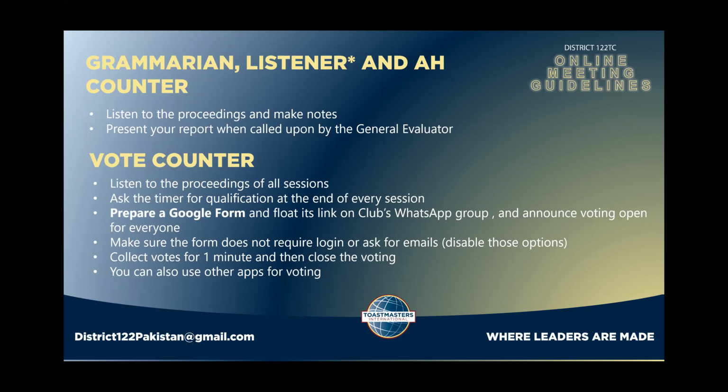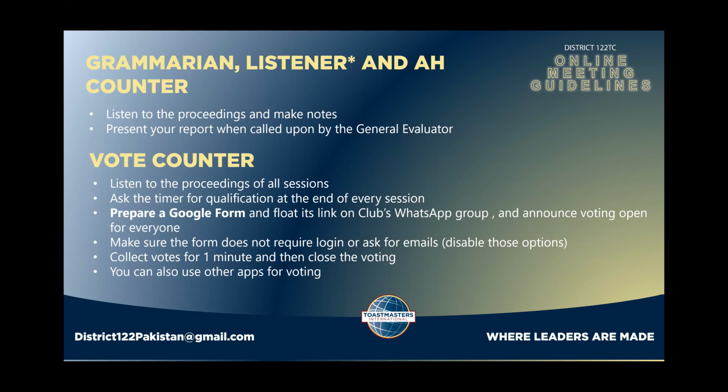Again, quite easy. Vote counter, as I mentioned earlier, prepare a Google form and float its link on the club's WhatsApp group. That's the easiest way. And one thing is very important, and I've learned this through hard experience, so please bear with me a bit. Google Forms have a lot of options. Please have a look at all those options.